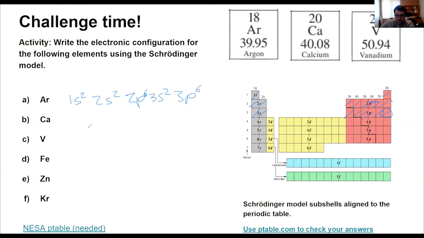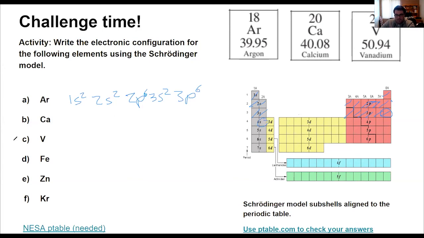Okay, just before we wrap up, there's another way of writing these long electron configurations. Okay, but what we'll do is we're going to use calcium as an example because it's the next one up from argon. And calcium can be found, should be just here.